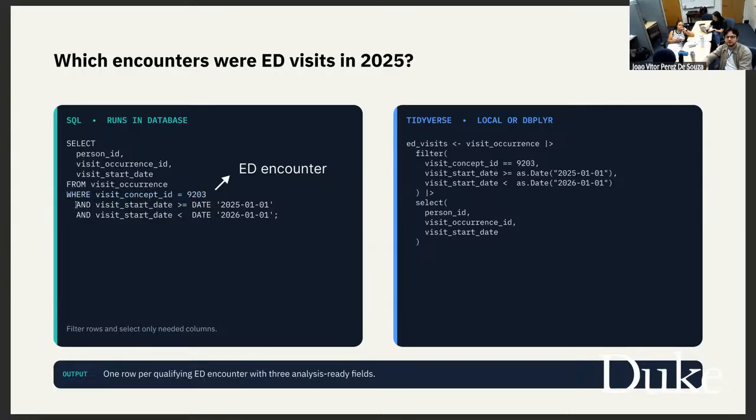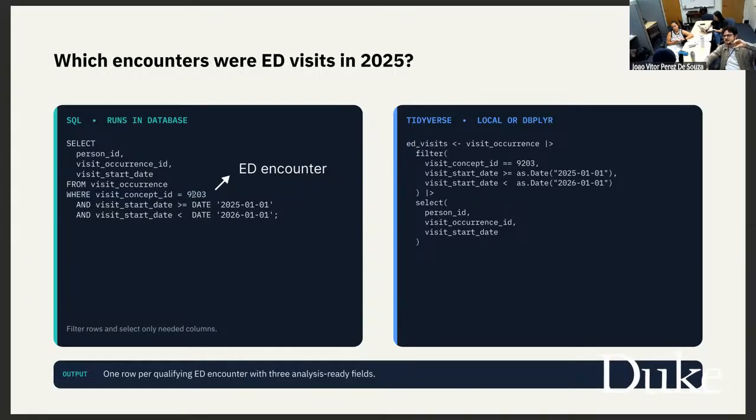And then I want to filter where the visit starts in January 2025 and then ends before January 2026. So if you think about the logic, you select your columns from this database, and then you filter them by the type of encounter and when this encounter happened. So pretty standard.